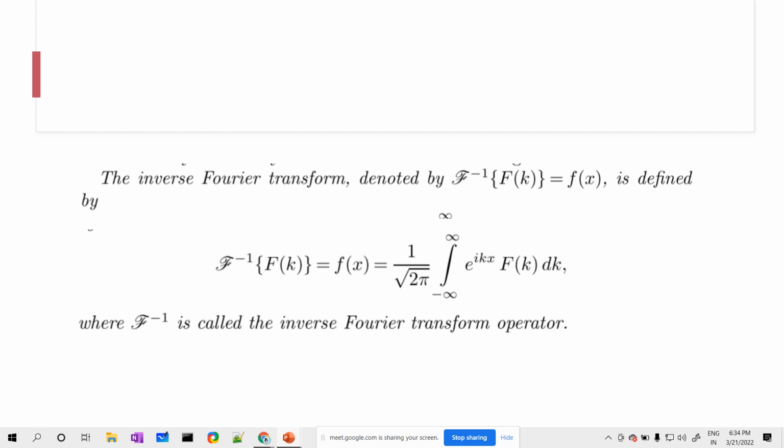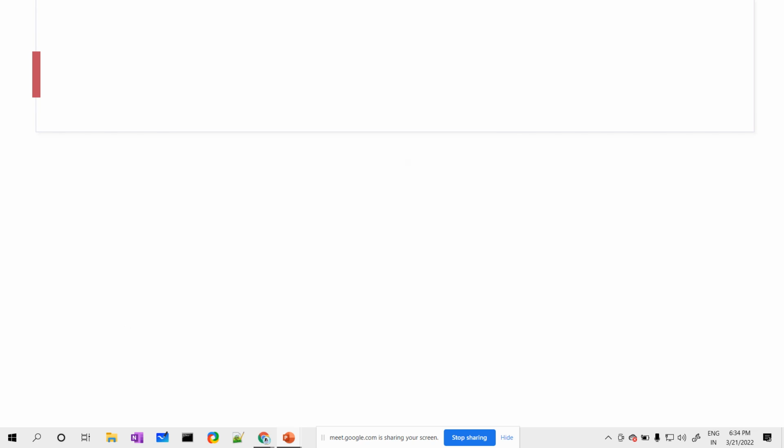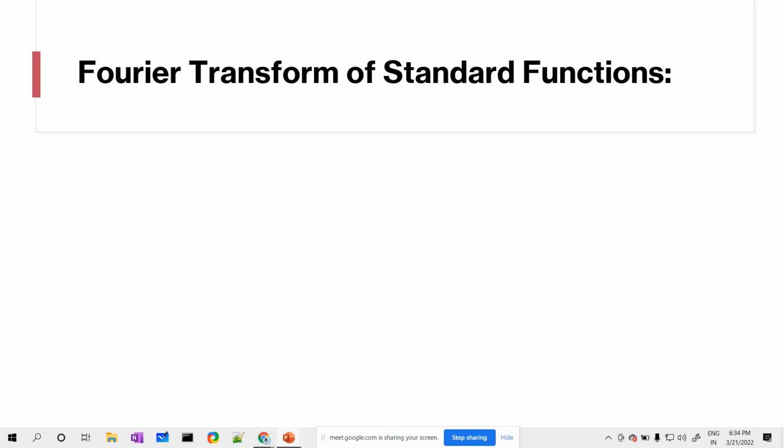Okay. So what we do is take a standard function and try to find the Fourier of it. Definitely we won't go for sine and all such functions. There are only two basic functions of which the Fourier is to be calculated for examination, or even after MSc. One of them is e raised to minus ax square.